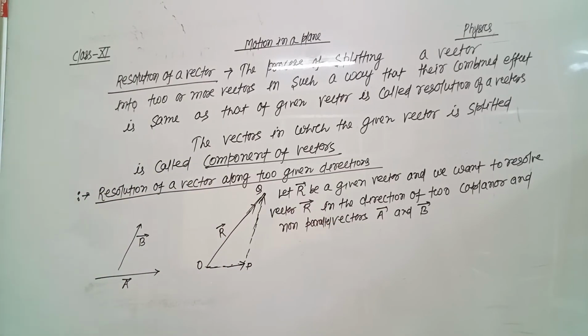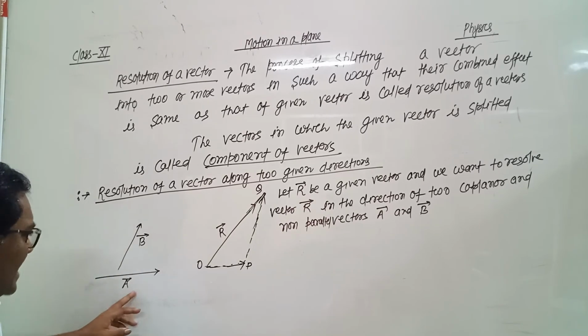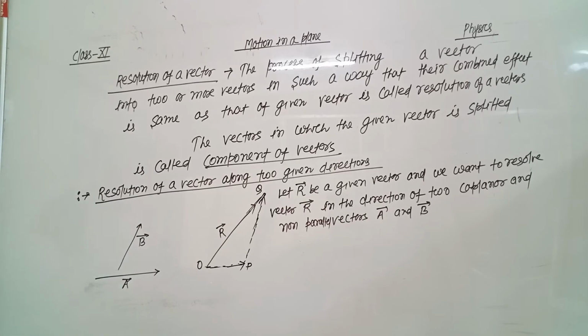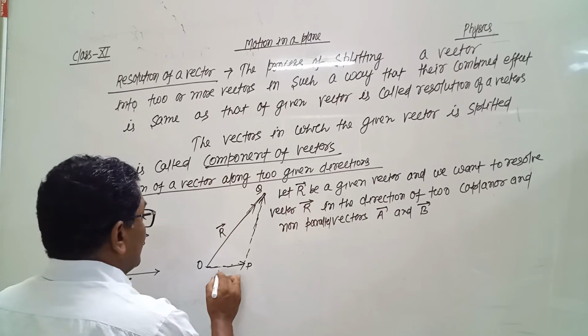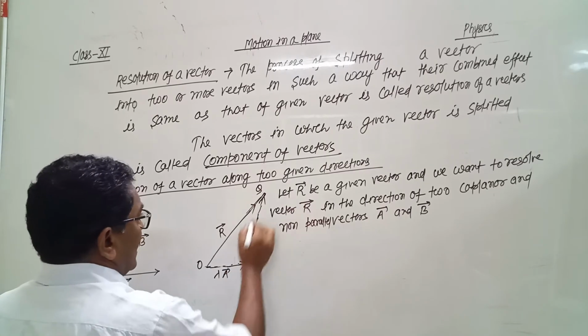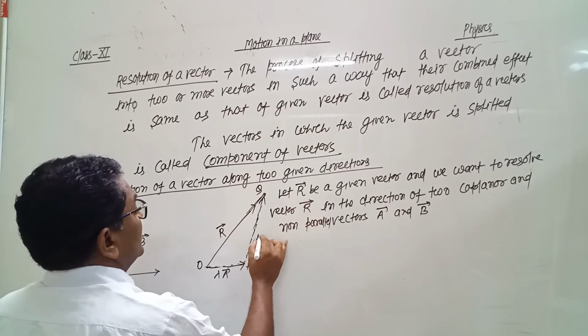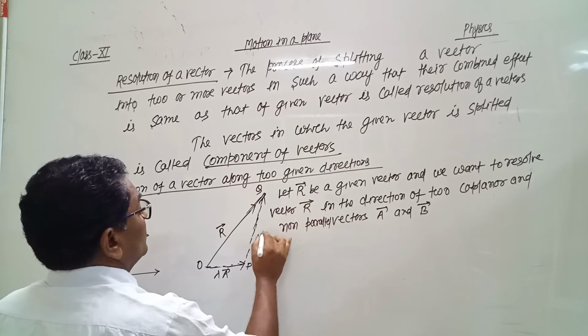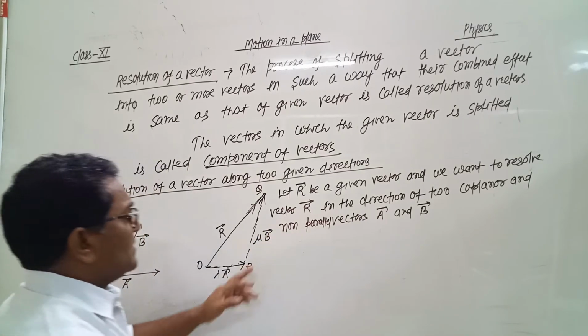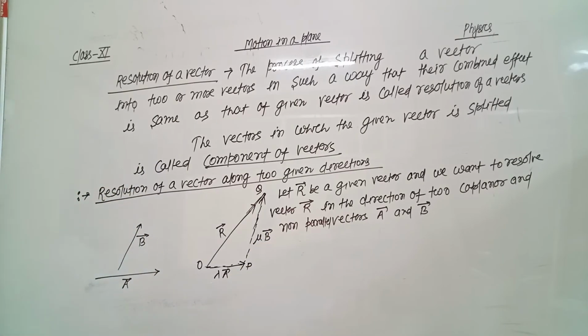So the vector OP is represented by lambda times vector A, and the vector PQ is represented by mu times vector B, where lambda and mu are scalars.